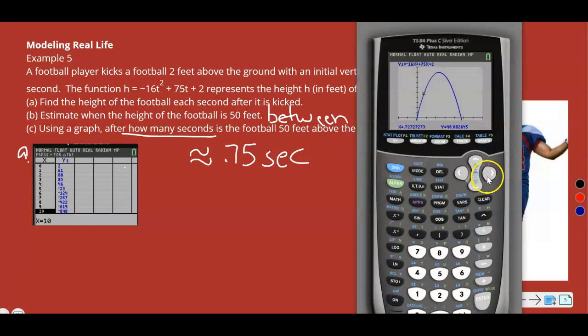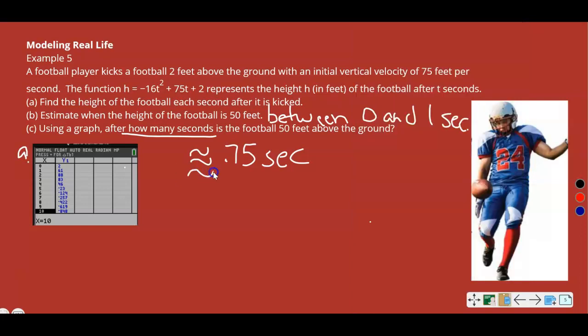All right, let's find the other location where it's about 50 feet. Now you can see right here, I'm looking at my y value. That's the height of the football. There's 59.5, and here it's at 52.9. So it's going to be about 3.9. Let's say about 3.9 seconds.